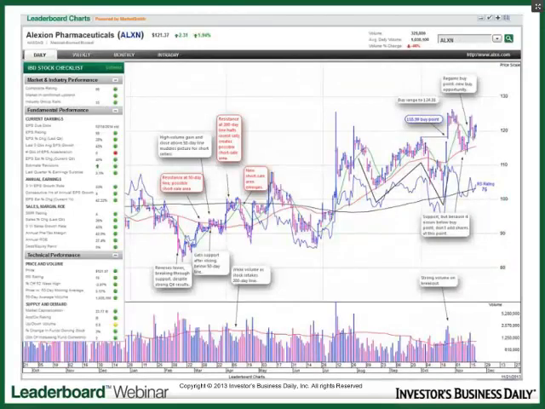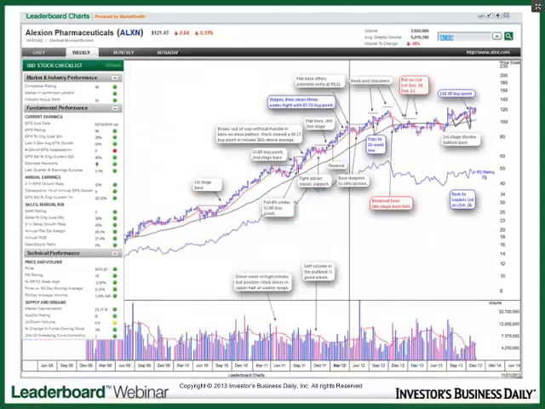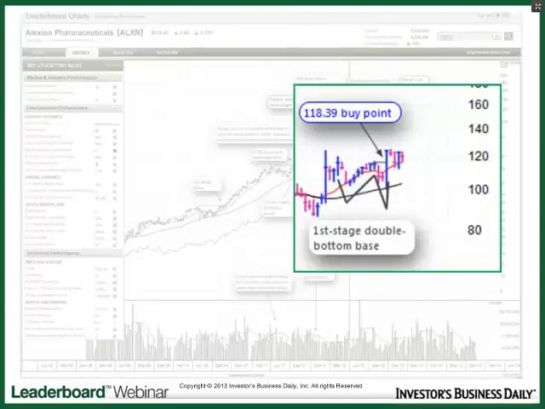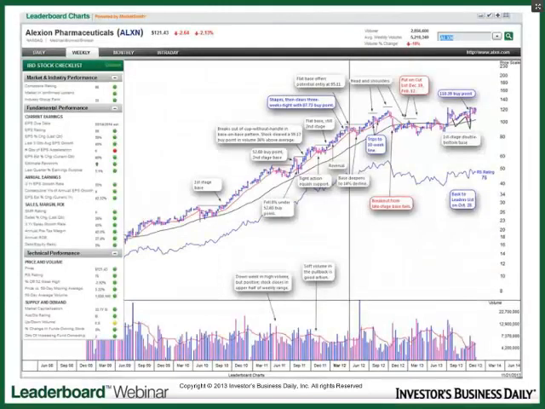report. Now a couple of people might not realize what we mean by reset. They're looking at this, it was a first stage base way back at the beginning, and it went up all that way. How are we saying that it's breaking out from a first stage base right about now? Well, it runs up, and then, actually, go back a slide, and you'll see before it really started going sideways, it undercut one of the previous bases, and when a stock undercuts a previous base, that resets the whole base count.